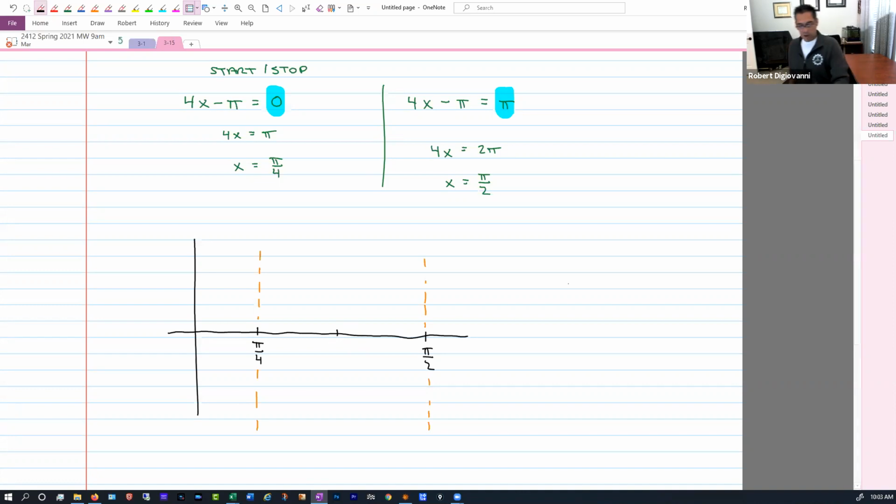I go pi over 4, add pi over 2, divide by 2, so we should get 5 pi over 8 for the middle piece. That should be the center. And because it's cotangent, not tangent, it's going to go like this instead.